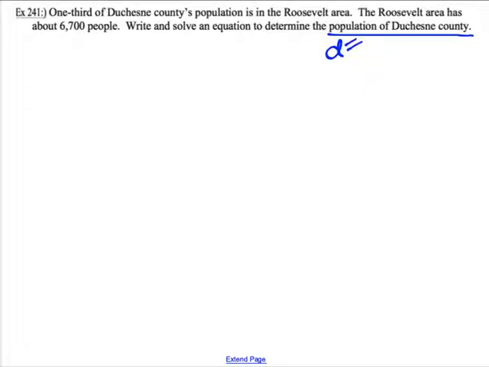So D equals population of Duchesne County. It says that 1/3 of Duchesne County, that's 1/3 times D. That's how many people live in Roosevelt. Well, we're given that number, 6,700. So the 1/3 of the population of Duchesne County equals 6,700.